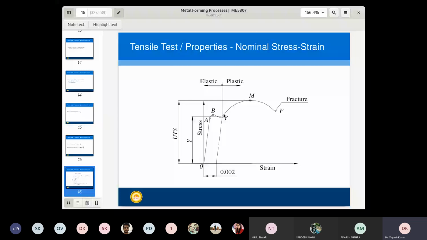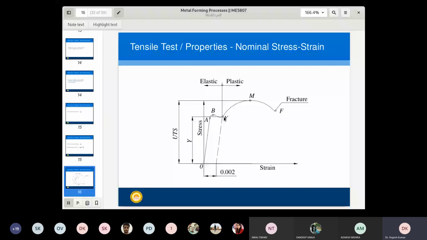Up to point F, we will discuss what M and F are, but under this region there will be a permanent set of deformation on the test specimen.